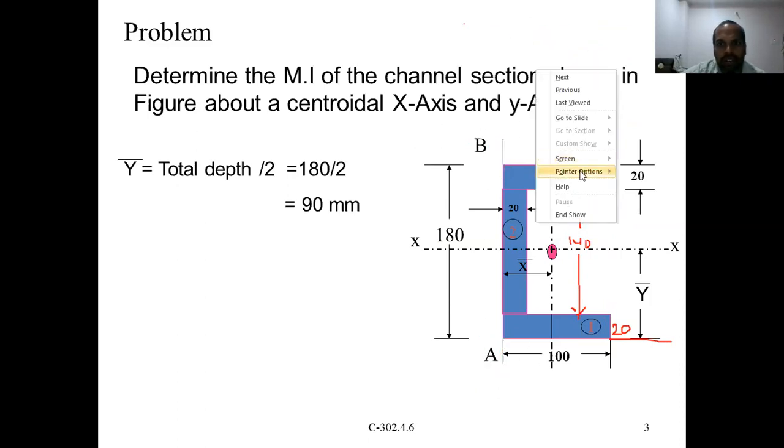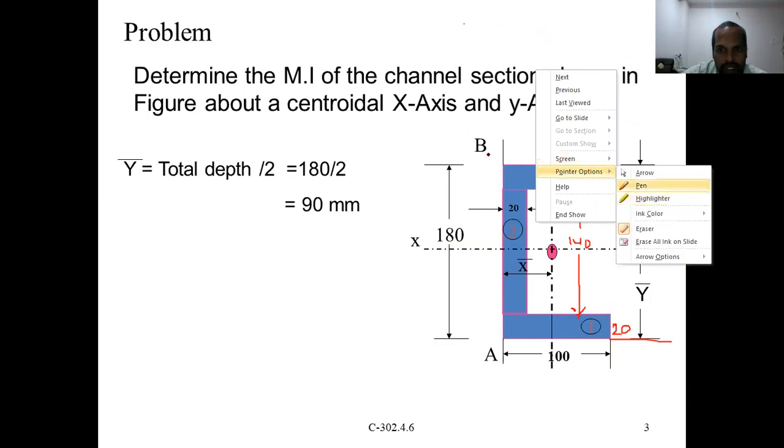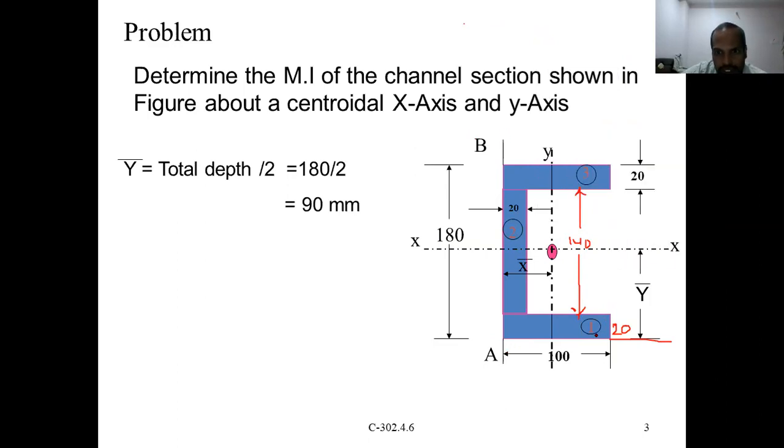Now let us calculate x1, x2, x3 from the reference axis AB. For the first figure, what is x1? x1 is the distance of the centroidal y-axis of figure 1 from the reference axis AB. Where does the centroidal axis lie?